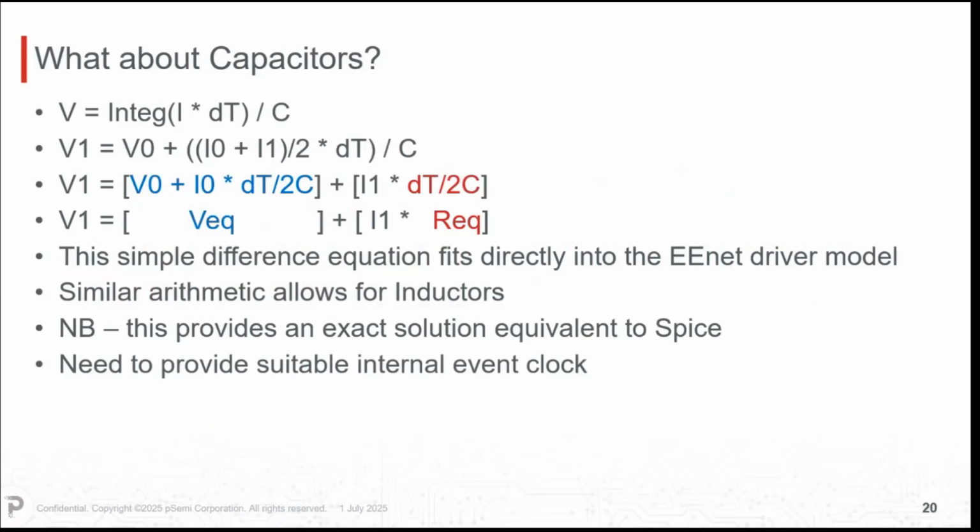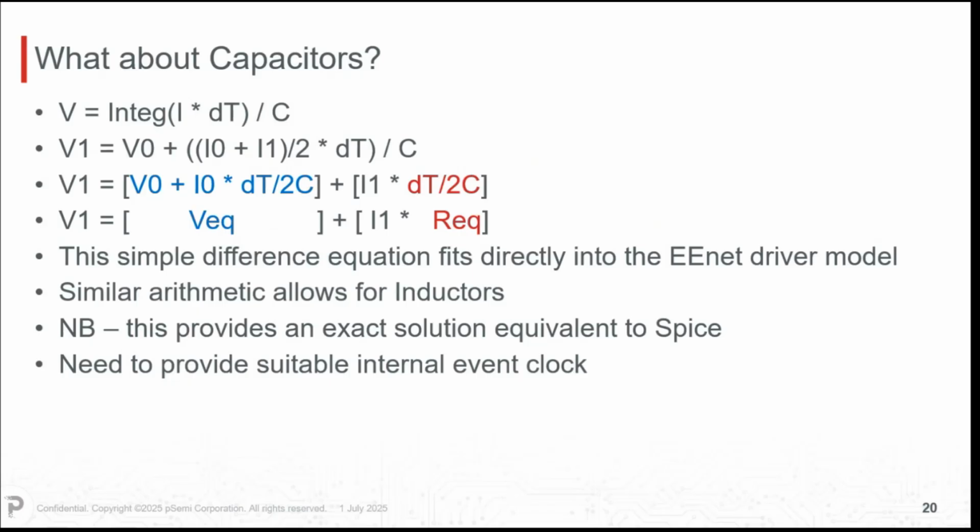What about capacitors? In essence, we can effectively formulate this as a difference equation. This may sound vaguely familiar from Peter's presentation just now, and essentially that can fit directly into this EEnet driver model.